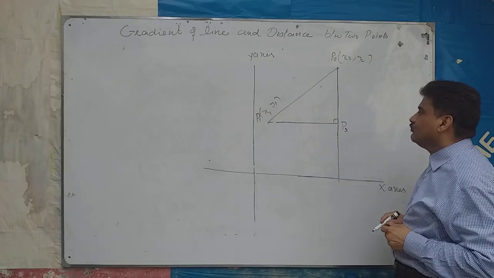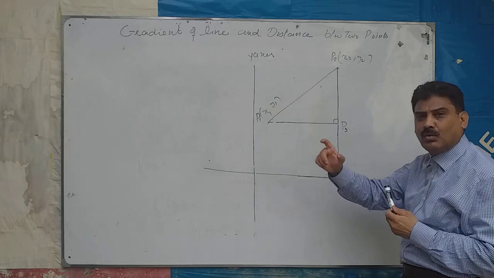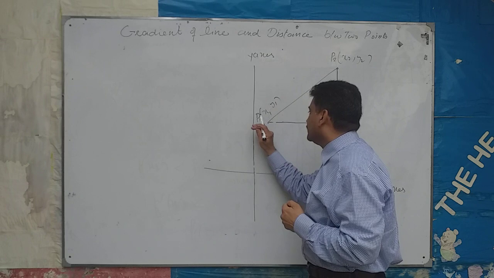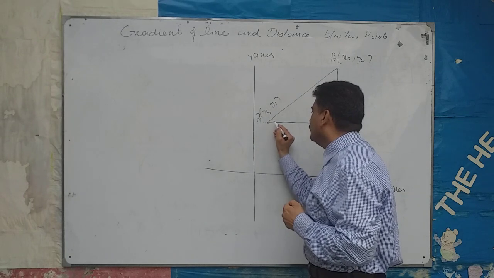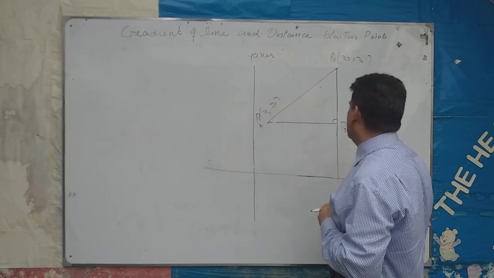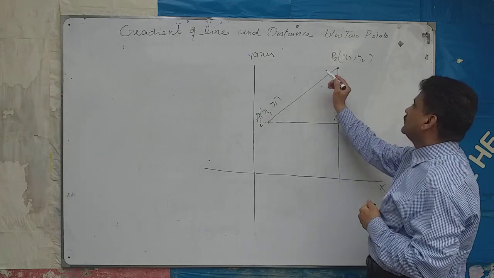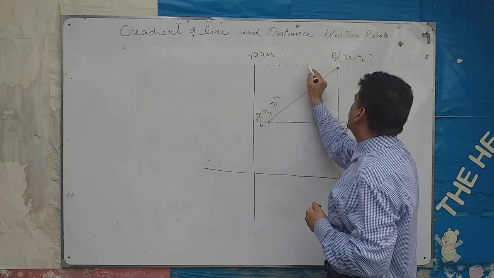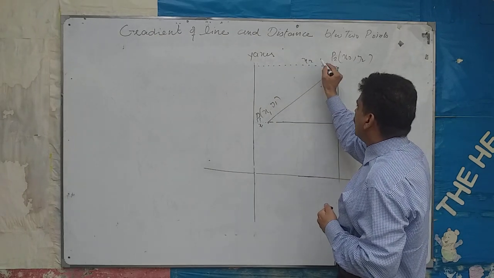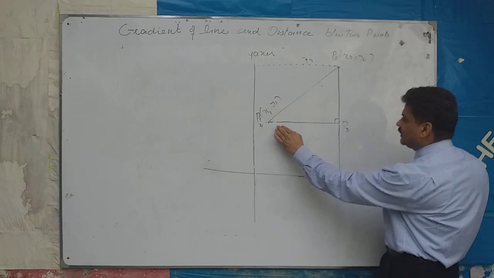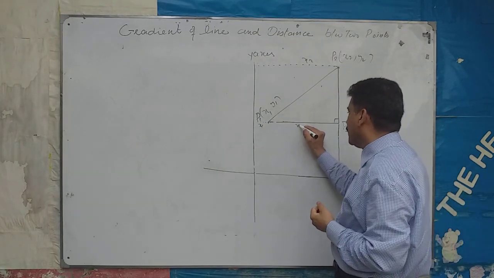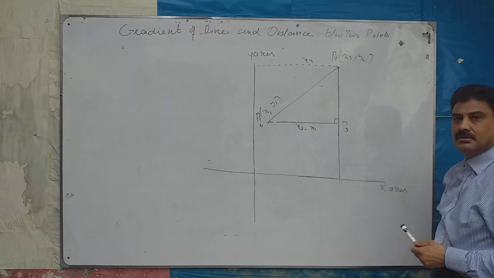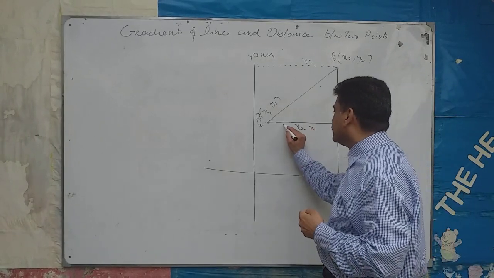To find del x, we just have to find the difference between the x coordinate of P1 and P2. This is x1, and this is the total distance x2, and this is the distance P1 P2, which becomes x2 minus x1, which is the total change in x. We represent this change by del x.